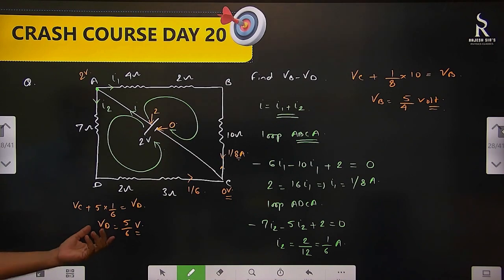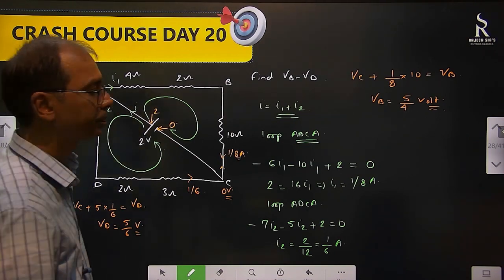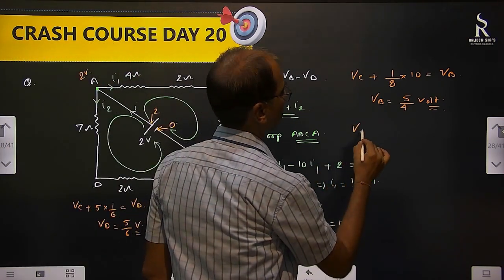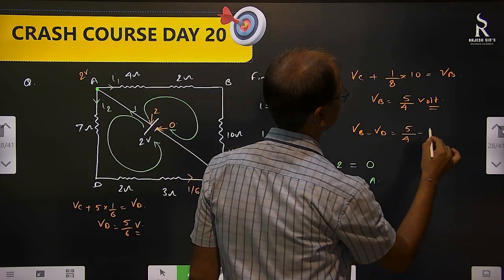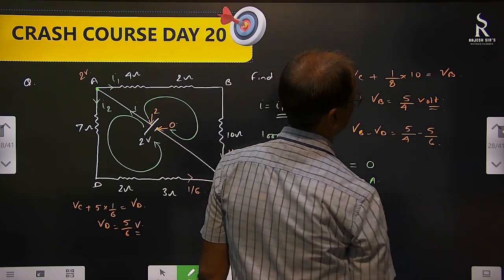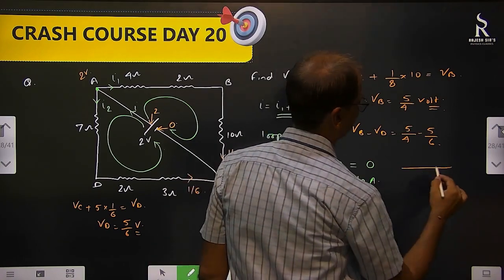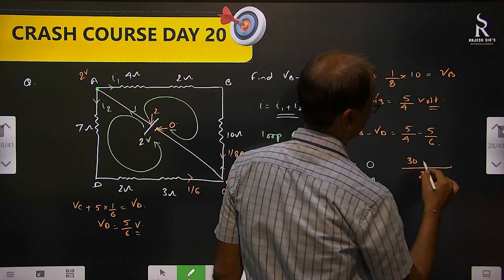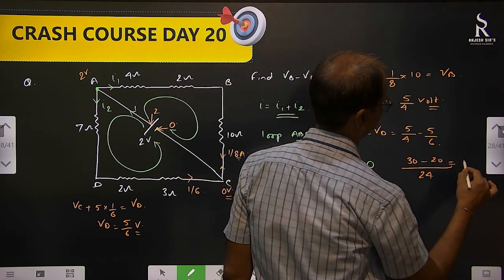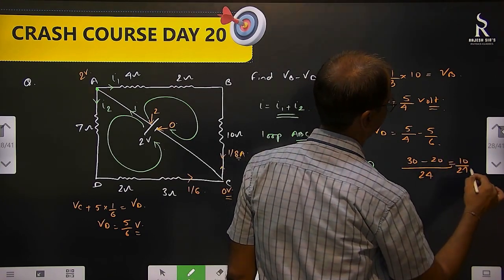Okay. 5 by 4 minus 5 by 6. You can solve it easily. 24. This is 30. And this is 20. So 10 by 24. 5 by 12 volt.